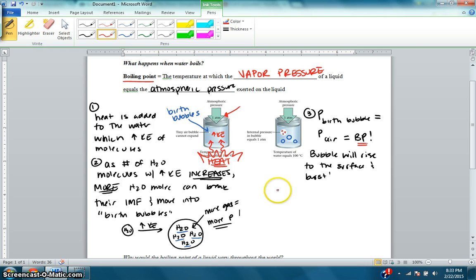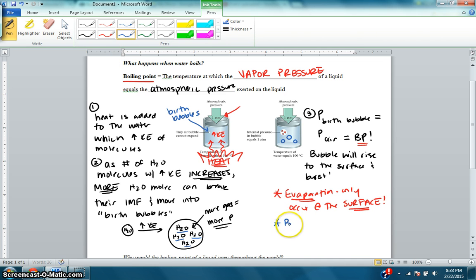Now, something really important to note is you're going to ask me, how is this boiling different from evaporation? When we define evaporation, it can only occur at the surface of a liquid. So you have to be moving fast enough at the surface of a liquid to break your forces and leave into the vapor phase.